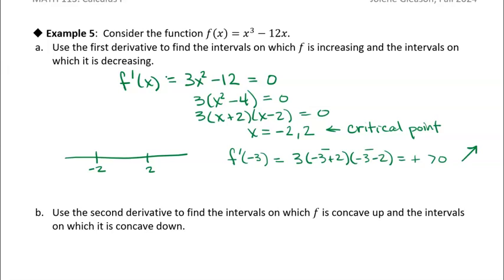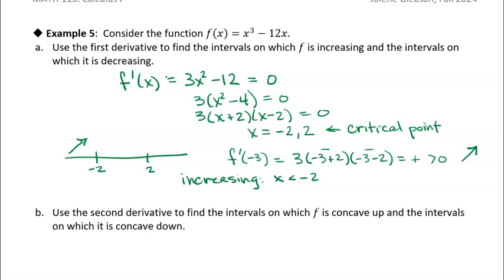Sometimes you can just draw a little arrow on your number line. So it's increasing on x less than -2, or in interval notation, from -infinity to -2.